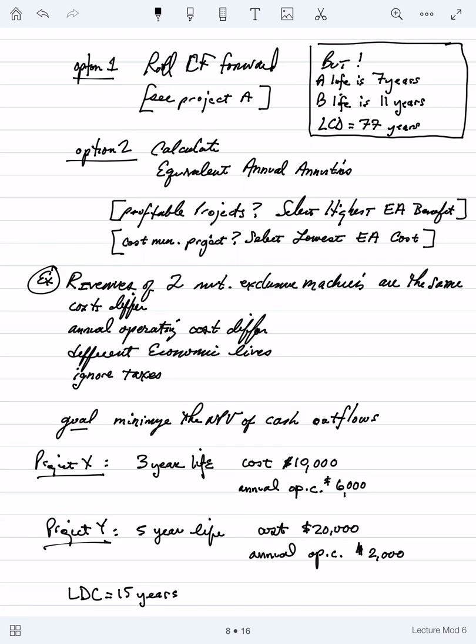So what I could do is discount the relevant cash flows over all 15 years for the alternatives and then calculate NPVs. The machine with the lowest net present value of the 15-year cash outflows is my best choice. Or we could, of course, calculate the net present value of the options for one cycle of their economic lives. Let's assume the discount rate is 15%.